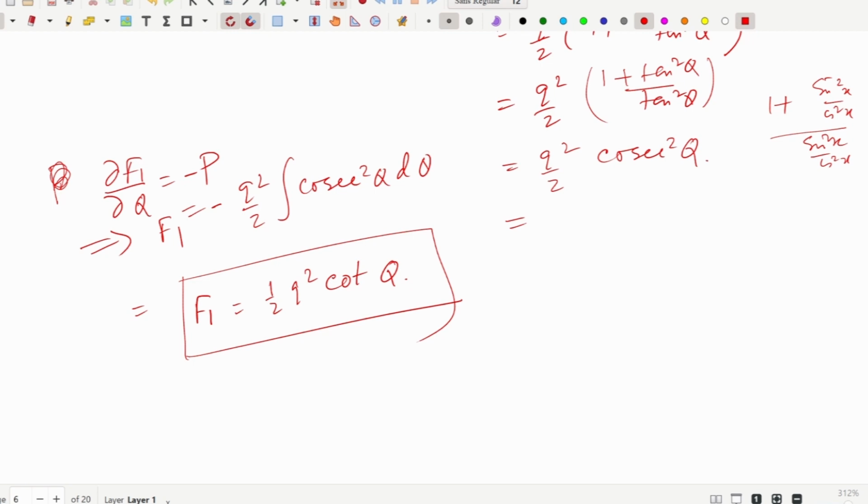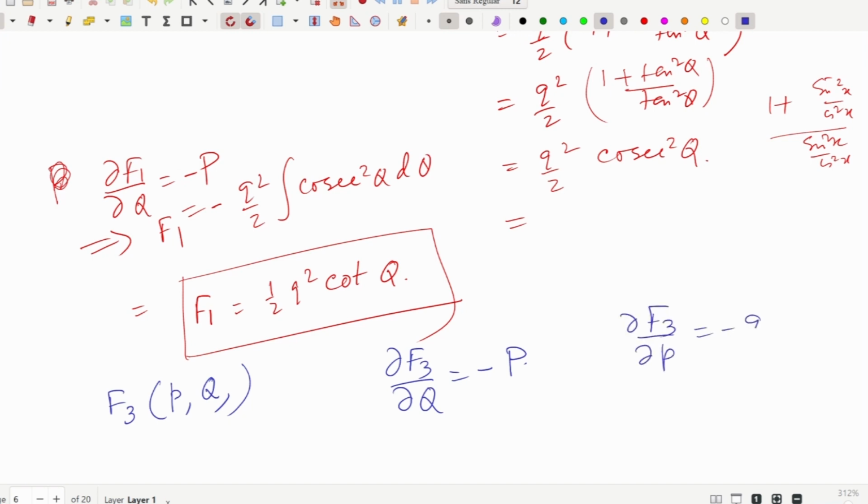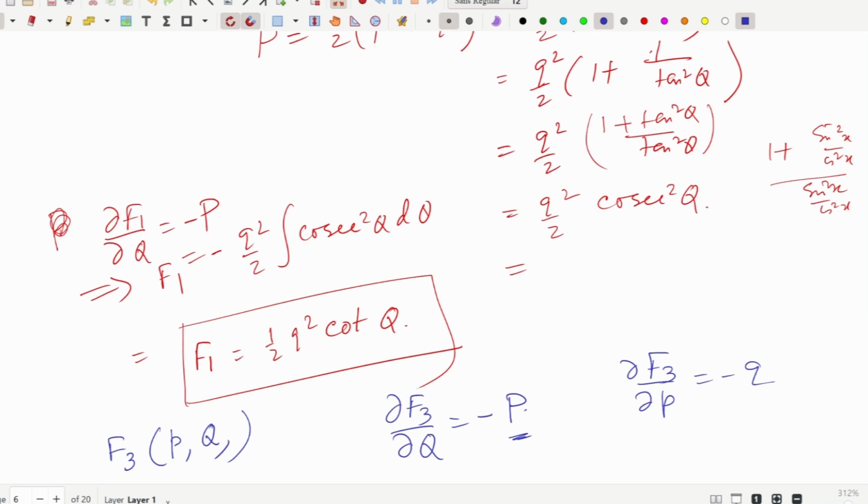Okay. Now, if we want to calculate F3, suppose another generating functional F3. So, first you have to know it is a function of p and Q, right, and the equations of motion are ∂F3/∂Q is minus P and ∂F3/∂p is minus q. So, again this P we have already calculated, but now remember p and Q are independent.